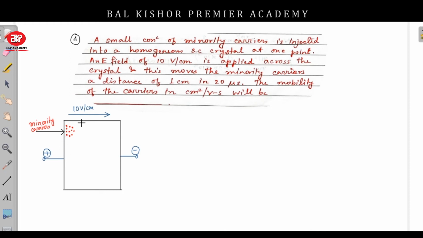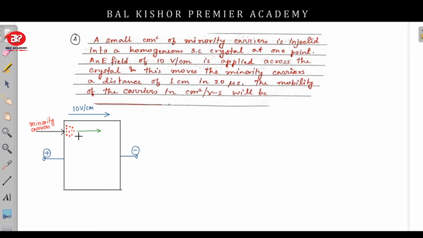So due to this electric field, these minority carriers, suppose if these minority carriers are holes, then these minority carriers will try to move in this direction. That's why it is written here that this moves the minority carriers a distance of 1 centimeter in 20 microsecond.